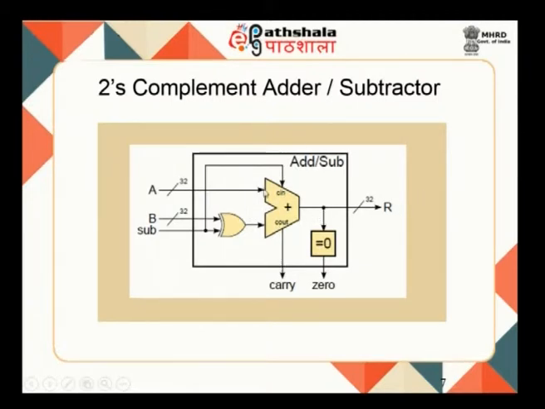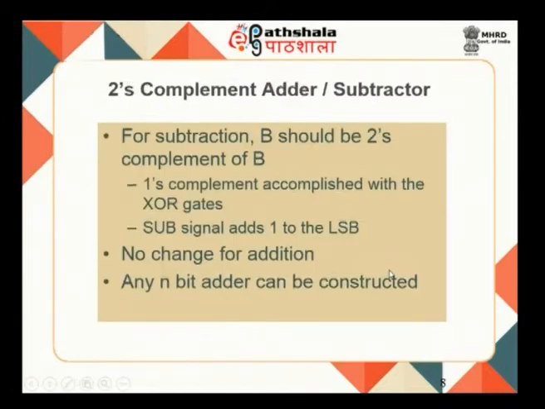So, what gets added is not just the number, it is the 2's complement of the number, and so it produces the subtracted value. And if you have to detect for zeros, you just have a circuit which will check whether it is a 0, that is called a zeros detector, and produces the output. So, you can perform a combined operation of addition and subtraction using this circuit.